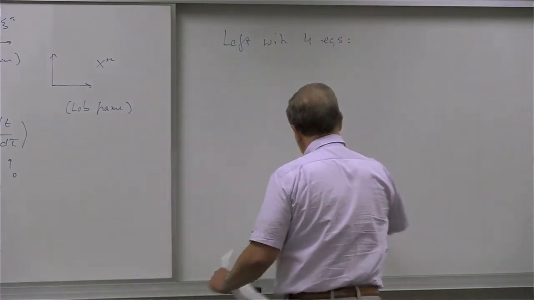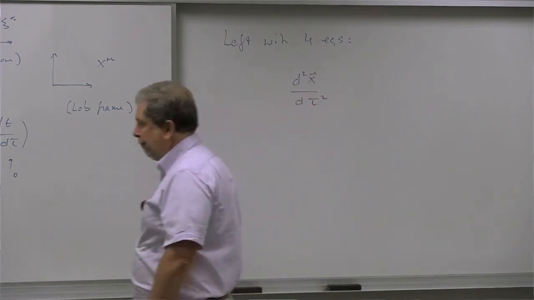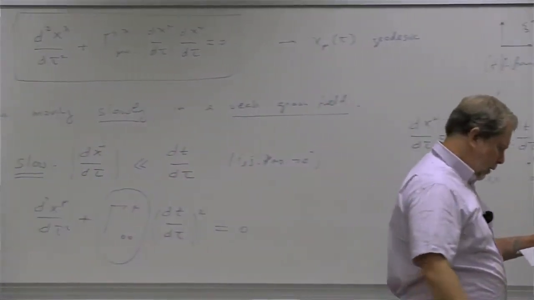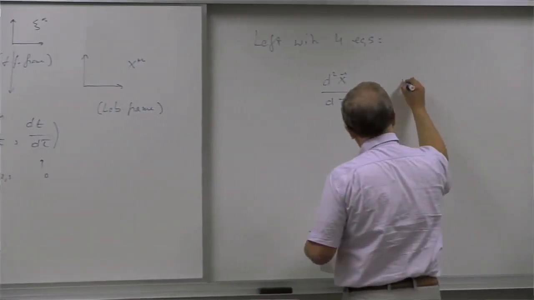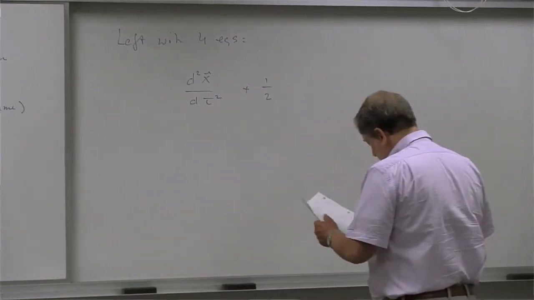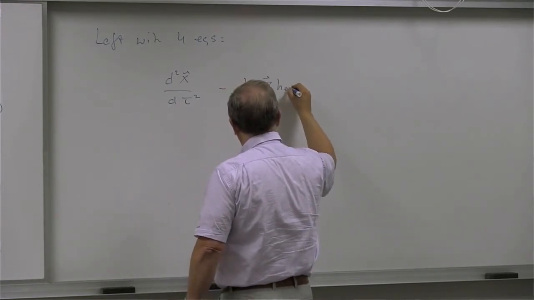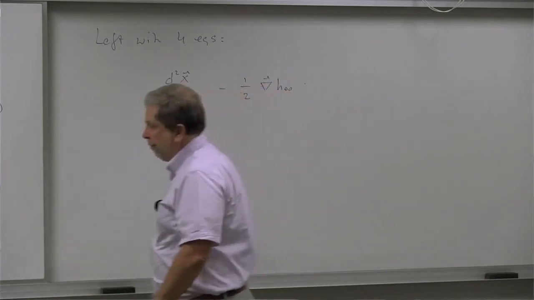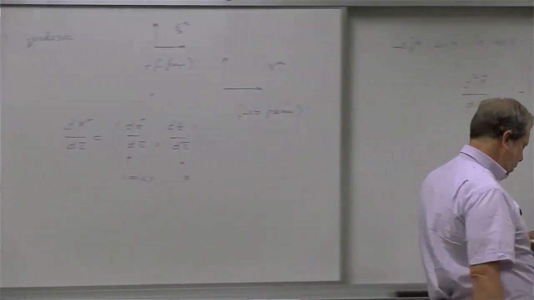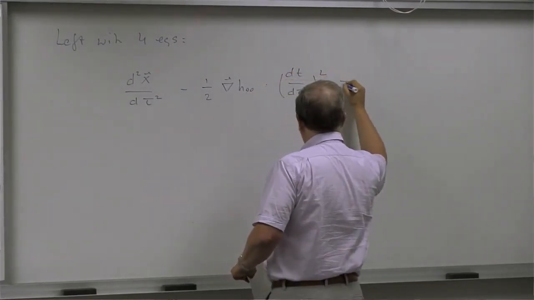The 4 equations, written in components, are: the second derivative of x with respect to tau squared is equal to this thing, which was minus a half times the gradient of h naught naught, and then times, since we're still left with dt by d tau, we get to drag that along, times dt by d tau squared. And that is equation number 1.